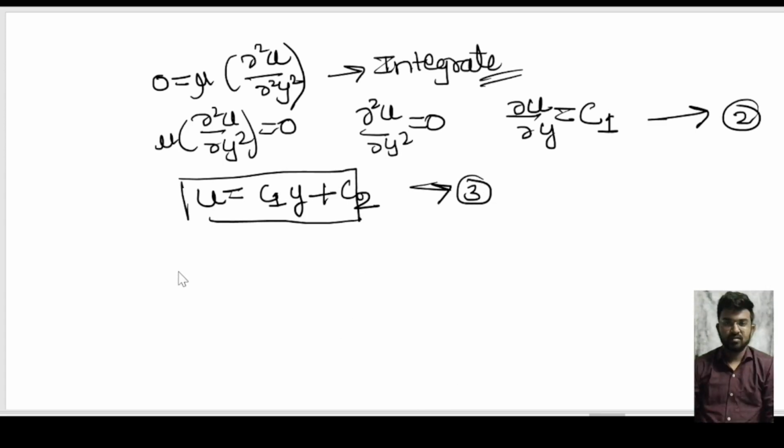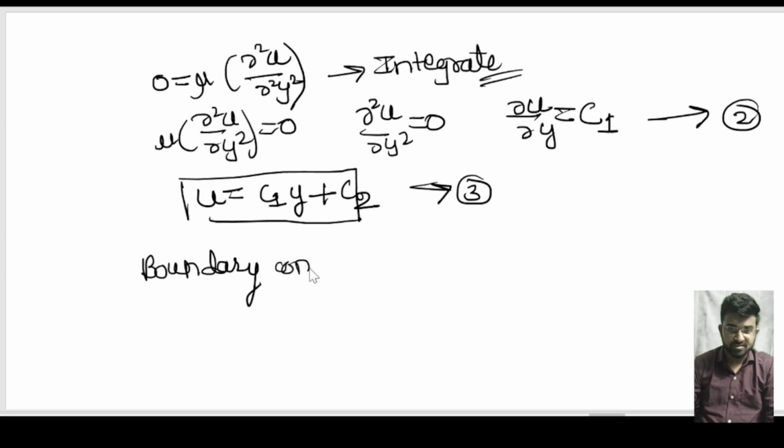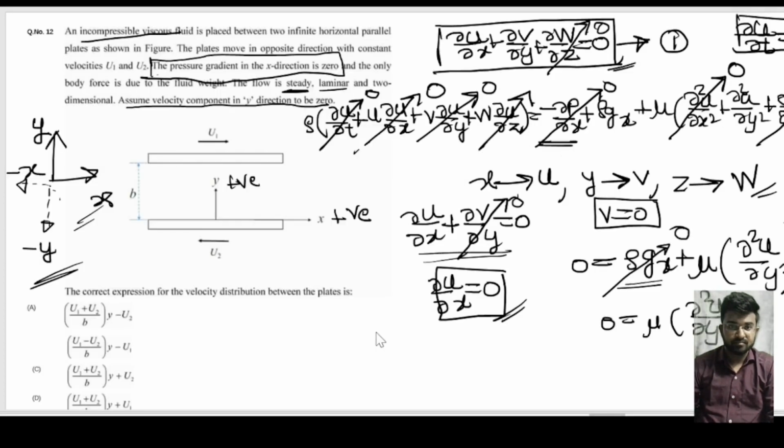Okay. Now the most important step of this Navier-Stokes problem is the boundary conditions, and we will get the boundary conditions from the diagram.